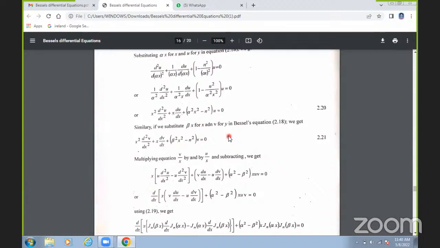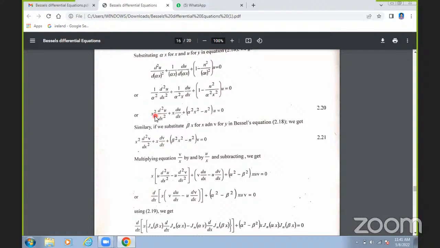Now, after writing that, we will be multiplying this equation by v by x and the other by u by x, and subtracting. So the first equation we multiply with v by x, and the second with u by x, and then we subtract. If you multiply with v by x to this equation, x square d square u by dx square into v by x, here you are going to get v.